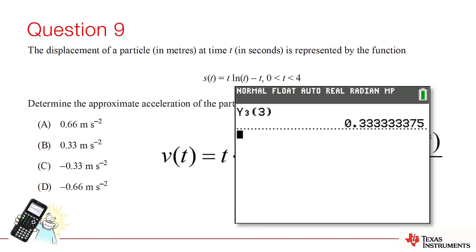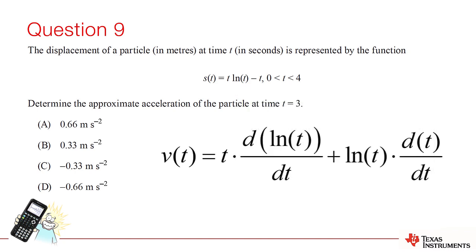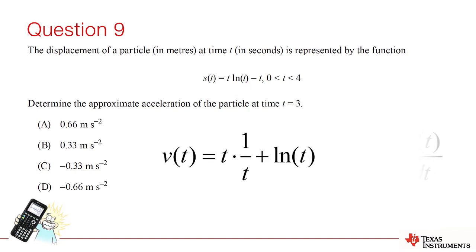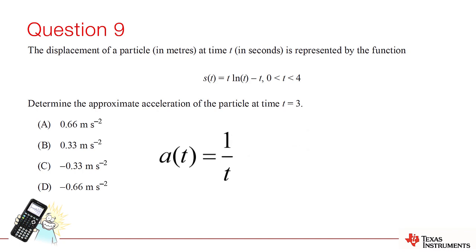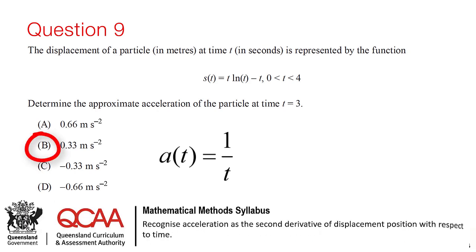We could have done the derivative by hand. This involves a relatively straightforward application of the product rule, but the result simplifies nicely, so our second derivative is actually quite simple. Now we could see that substituting t equals 3 gives us a fraction of 1/3, the same as we got doing it on the calculator. So the answer is option B.